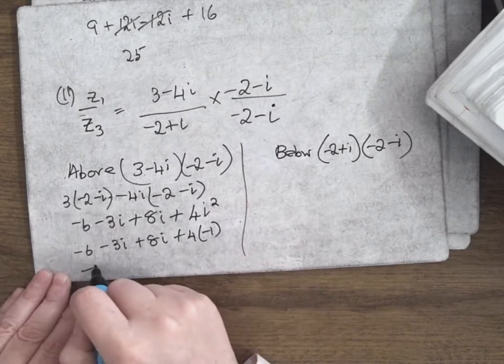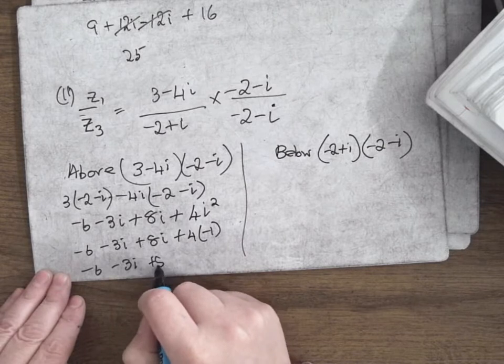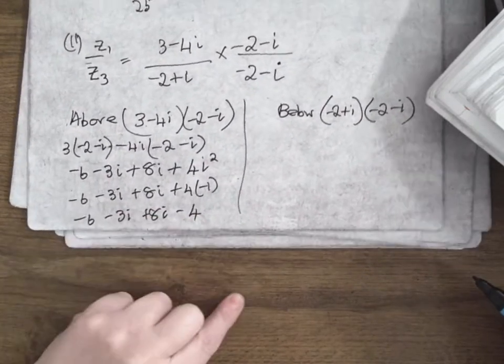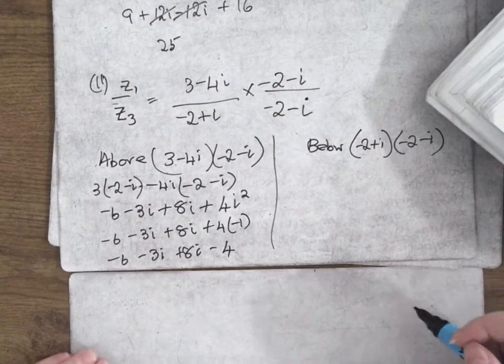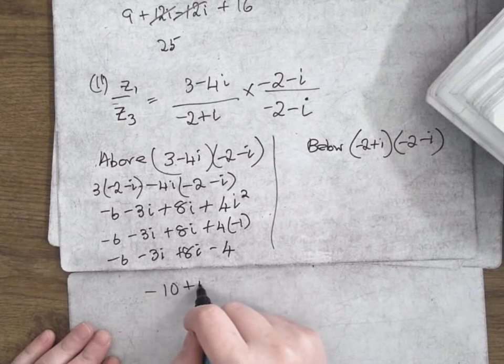So that's minus 6 minus 3i plus 8i minus 4. Okay? That's minus 10 plus 5i.